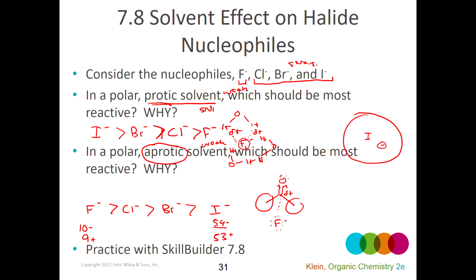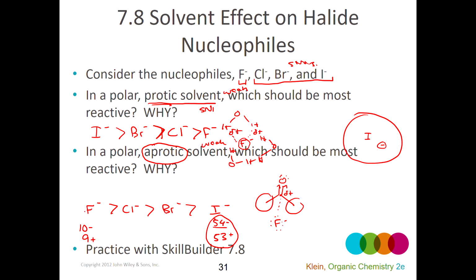If I divide, the ratio is much closer to 1. So it's not nearly as concentrated, unstable negative charge. So if it's not as unstable, it's not as strong of a nucleophile. It's not as likely to react. So naturally, the fluoride should be a better nucleophile. It should react more strongly because it's not as stable.